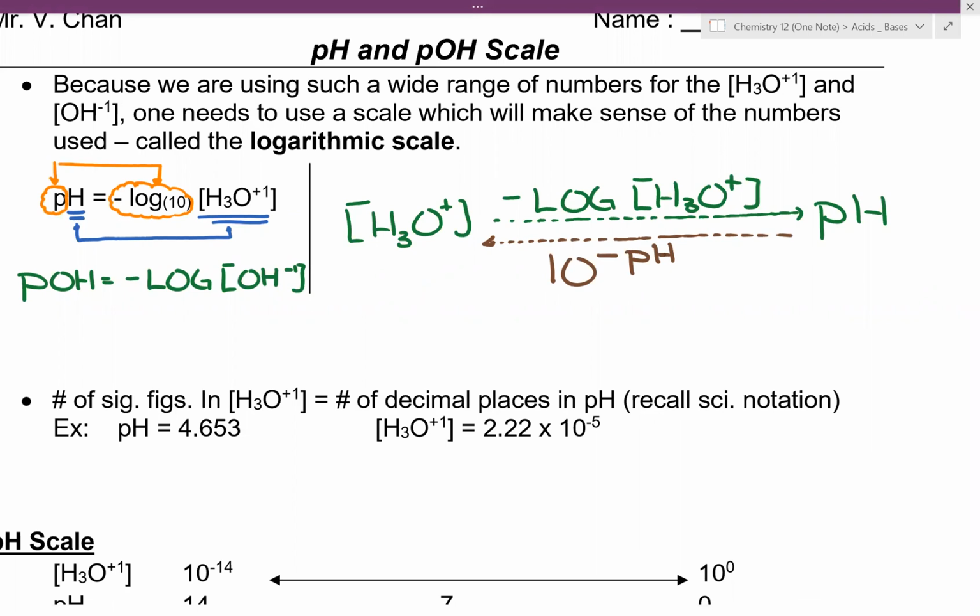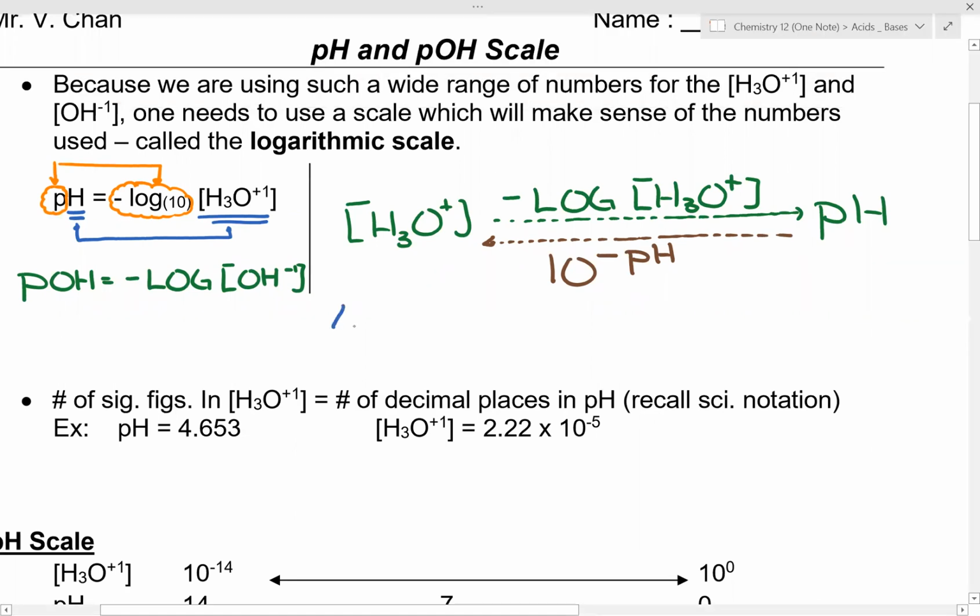Let's say we had a number of 4.5 times 10 to the negative 5, and we wanted to make that into the pH. Then I would go negative log of 4.5 times 10 to the negative 5, and what you should get as an answer is 4.35 as your pH value.